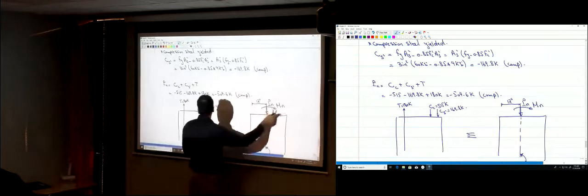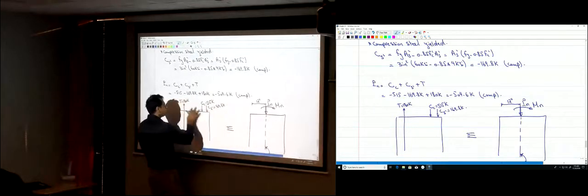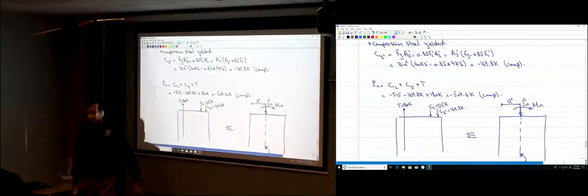Pn and Mn resulted in those internal forces.